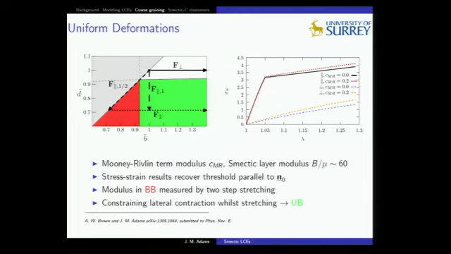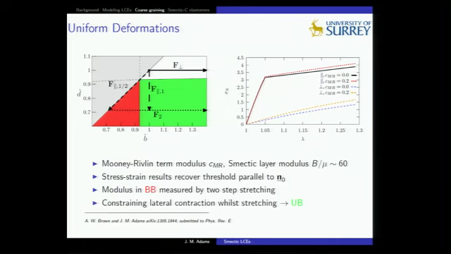So let me give you a rough idea of how things work in this B and D representation. If you stretch perpendicular to the layers, we saw in the experiments the sample remains perfectly clear in that case. So that corresponds to this F perpendicular on the diagram. As you stretch, you just go along the B axis and you keep D the same, so the layer spacing doesn't change.